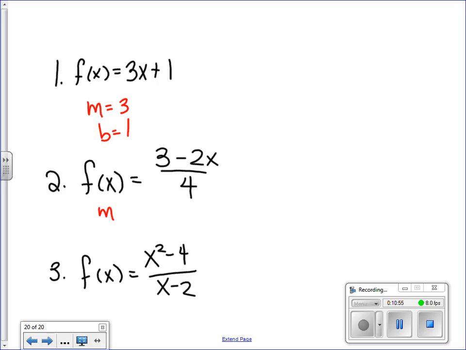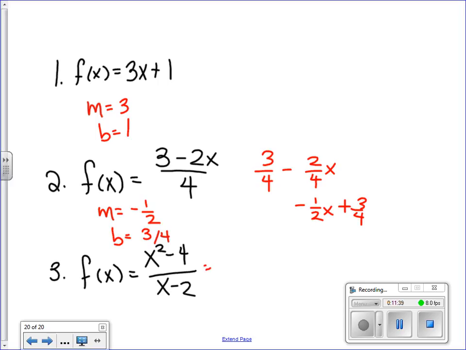Okay, what's the slope on number 2? Really? Negative 1/2. Yeah, that's just 3/4 minus 2/4 x, which is negative 1/2 x plus 3/4. Alright, how about this one? Oh, I didn't do that one.